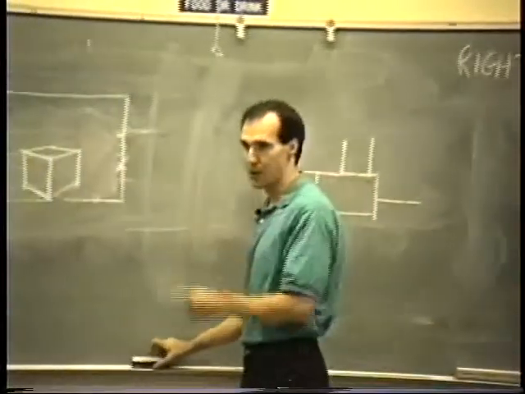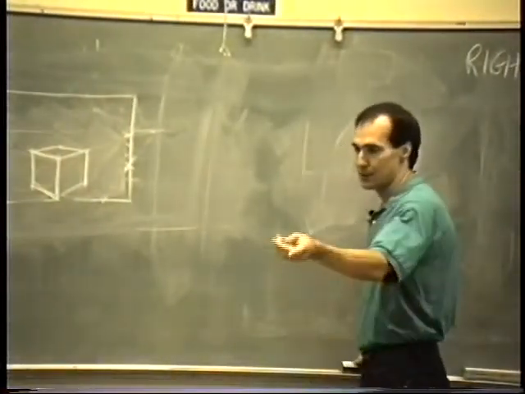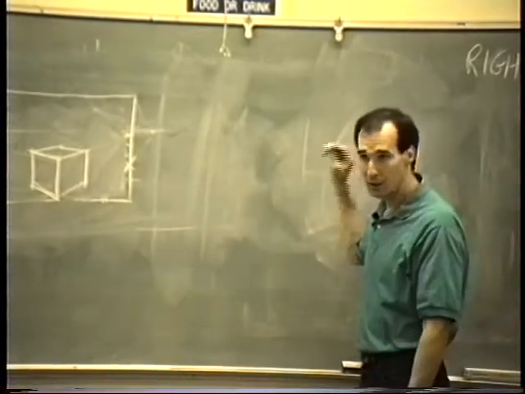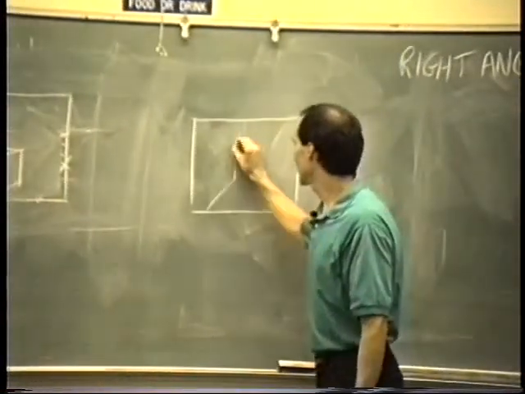Now, this doesn't just apply to cubes. It applies to anything. Desks, tables, buildings, the lockers in the hall. Right? You can do a picture of the hallway where you're looking down the hallway, right?